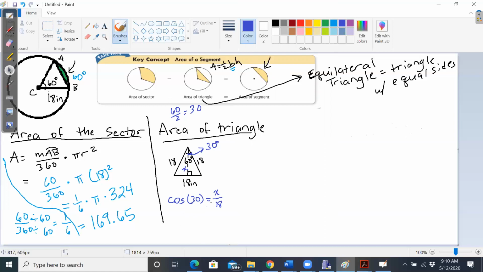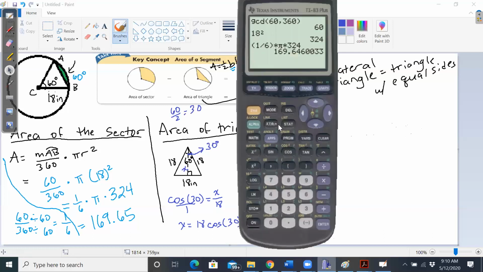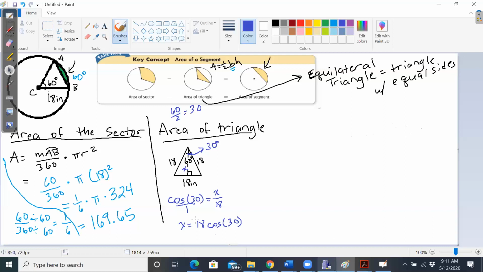Now I can just cross multiply, so x is equal to 18 cosine 30. Remember, when you're putting this in your calculator, make sure your mode is in degrees. Let's check our mode, and yes, it's in degrees. If we enter 18 cos 30, you're going to get 15.59. So let's write that.